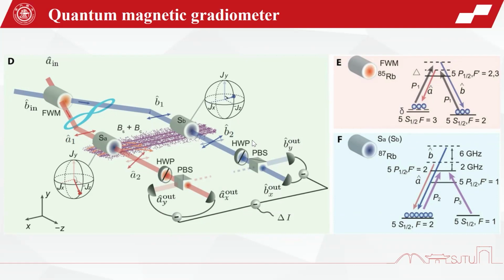And also the quantum light is afraid of external loss. This will decrease the quantum enhancement. So with 2 GHz and 8 GHz detuning, the transmission of these two lights can both be over 90%. So it's also good enough for our measurement.